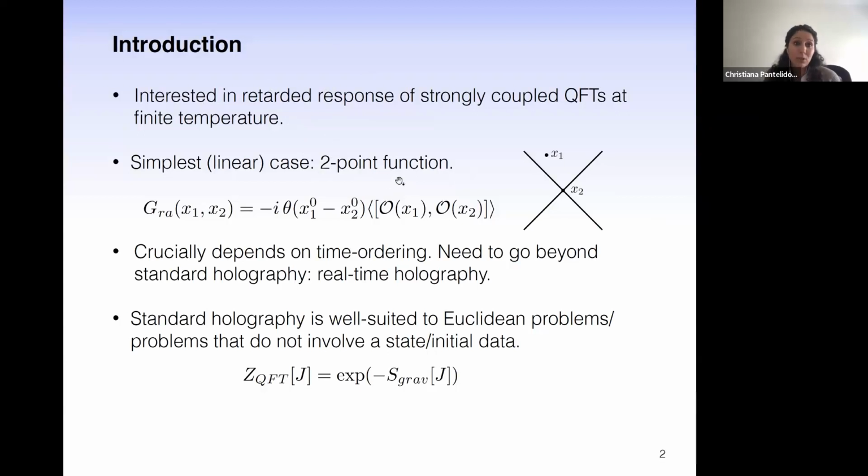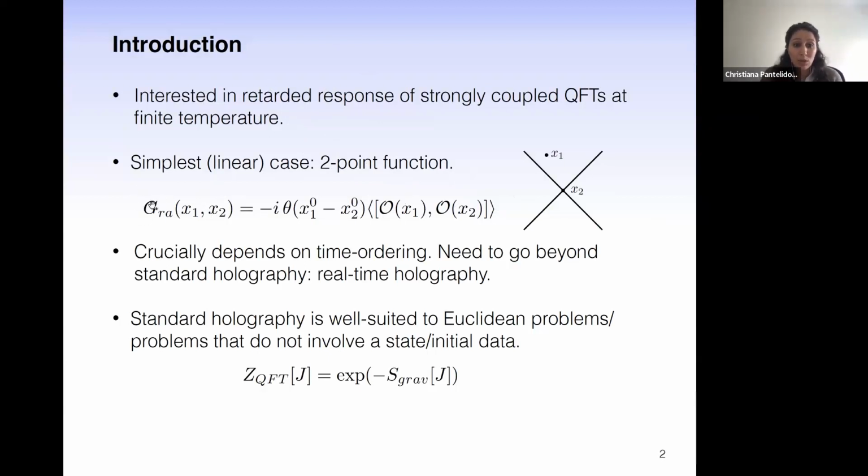So, for example, for say an operator calligraphic O, this retarded two-point function would look something like this. In particular, I denote this object as G^RA, and the RA notation, if you're not familiar with it, I'll give some more details in a couple of slides.